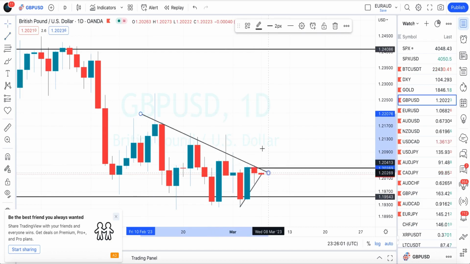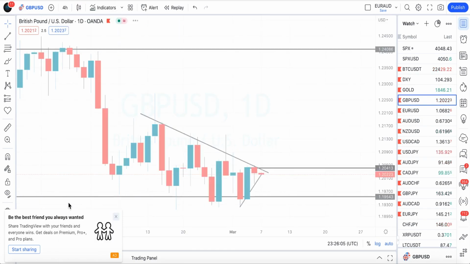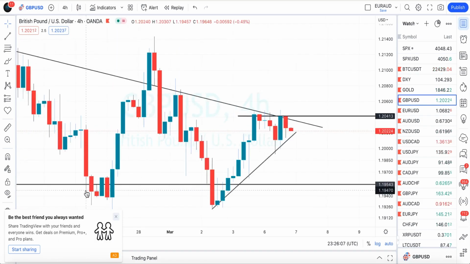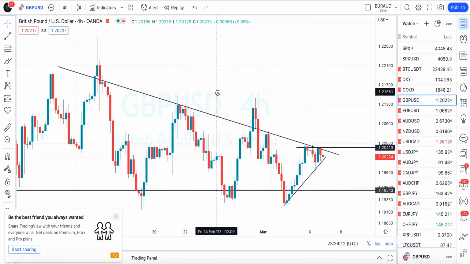Back to the 4-hour time frame, as you can see, we have multiple rejections at this particular area, so let's use two trend lines here.